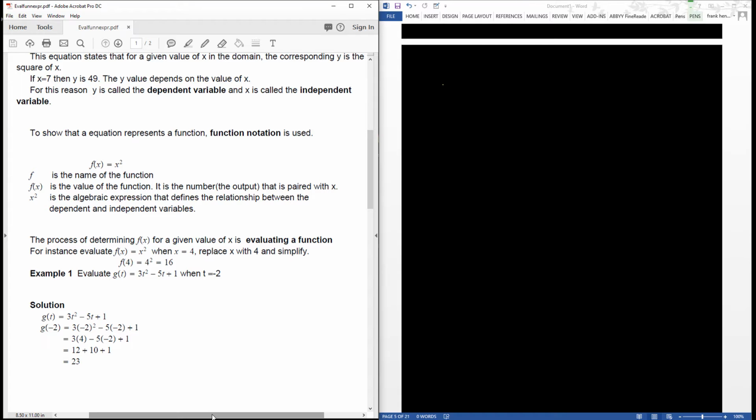Now for this one, they want us to evaluate it when t is equal to -2. So for example 1 here, I have g of t is equal to 3t squared minus 5t plus 1.